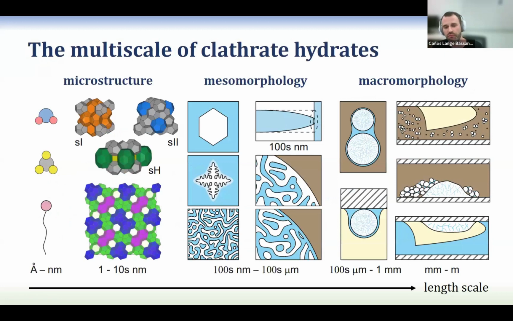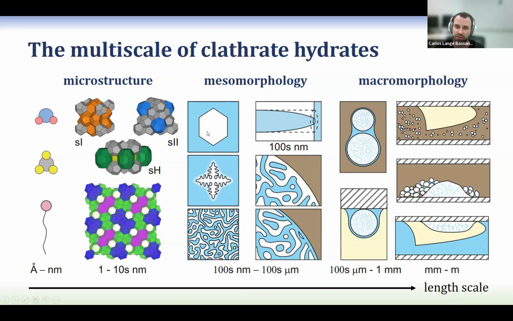So here it is very important to define what the different morphologies are in different scales. People looking at the atomic scales will be looking at molecules, surfactants, additives, the structures. When we talk about mesomorphology in the hundreds of nanometers, this is much, much larger, right?